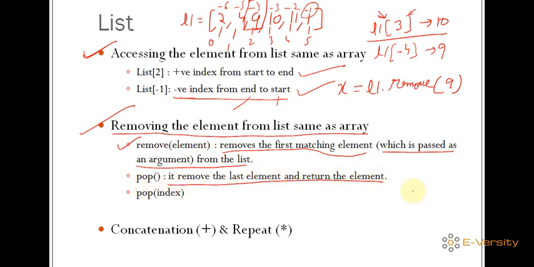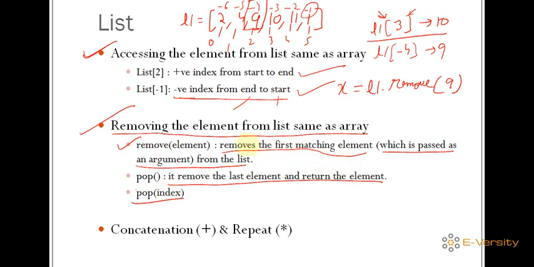Now pop removes the last element and returns it. Pop is basically used for removing the last element, so you don't need to pass any element or index here. It just removes the element from the end. And pop with an index means you can pass the index, so whatever index you pass, it removes the element at that particular index value.